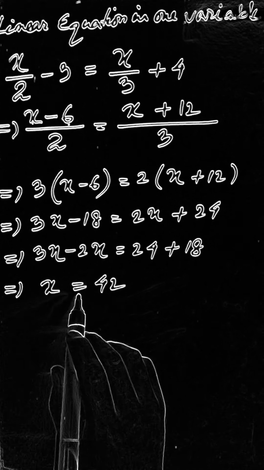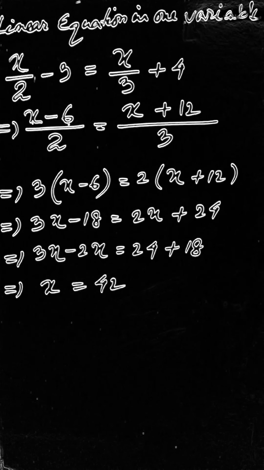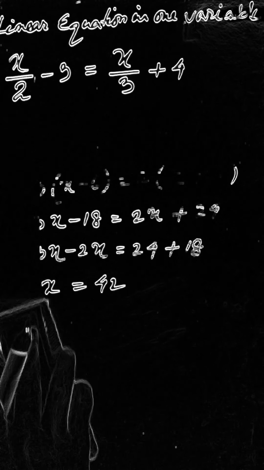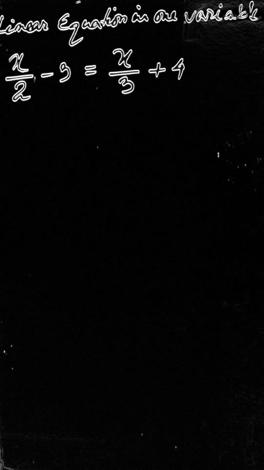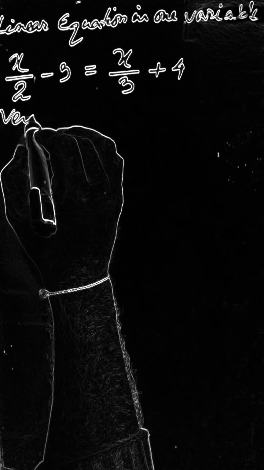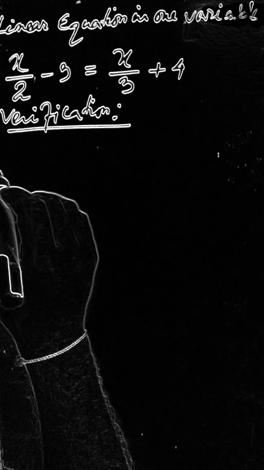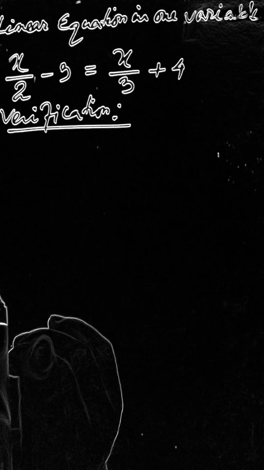Now even for this, let us do the verification part. We get here x equal to 42. I will wipe out this part now. x is 42. Okay, now we'll write here verification. I find x on both the sides.